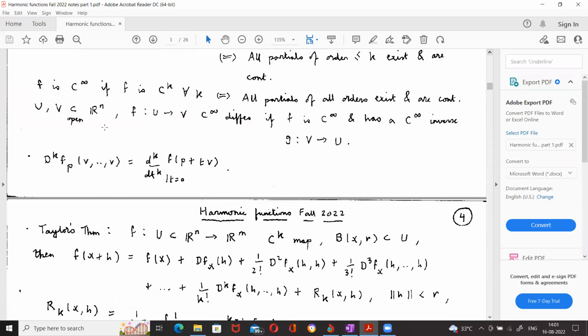Right. So this k-multilinear map, the kth derivative, acting on the diagonal v, v, v, k times, where v is a vector in the domain, was just the kth derivative of the map f along the straight line passing through P in the direction of v, right?